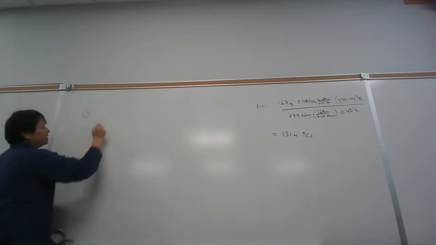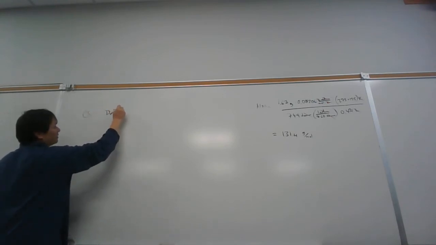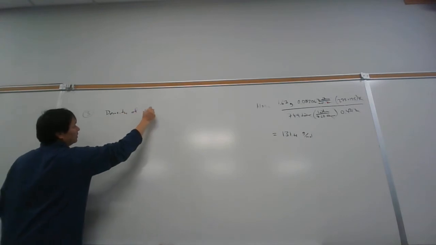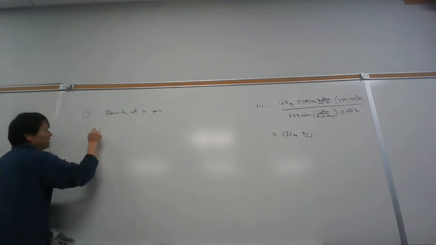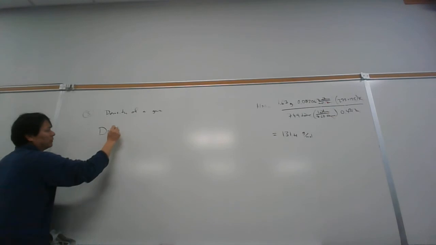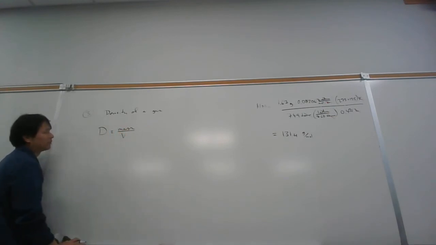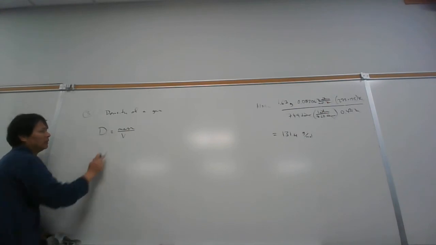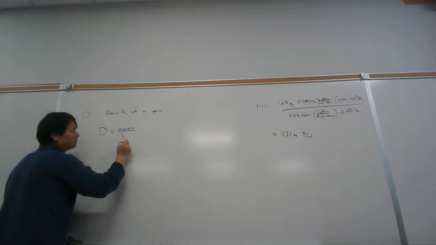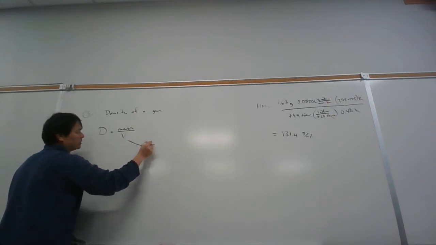The third application is density of a gas. The density, which our book uses capital D for, is just the mass to volume ratio of the gas. It doesn't have to be a gas, this can be a liquid. But if it's a gas, then the gas obeys the ideal gas law in most conditions.